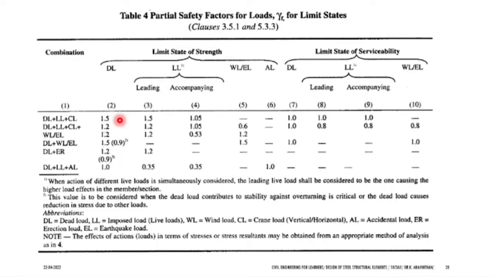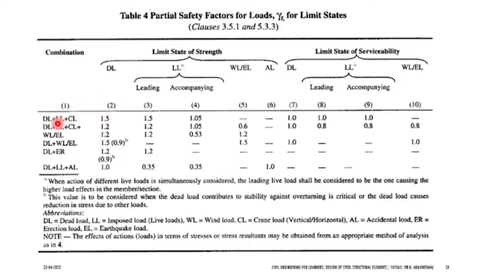So if the wind load is acting, last class I gave an example that the highest wind in the Bangalore region is around 36 meter per second. So if you are considering 36 meter per second, you will be having the stress. Whenever the dead load is being taken, you have to multiply by 1.5.